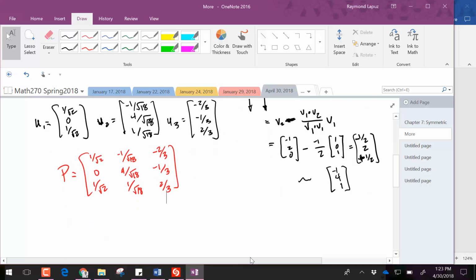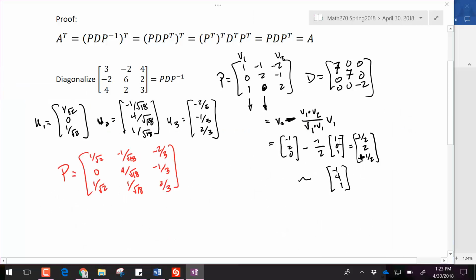So not only do we have P, but P inverse is going to be easy to compute because P inverse is just P transpose. So P inverse equals P transpose, which is just the transpose of this: 1 over root 2, 0, 1 over root 2, 1 over root 18, 4 over root 18, and 1 over root 18, and the thirds.